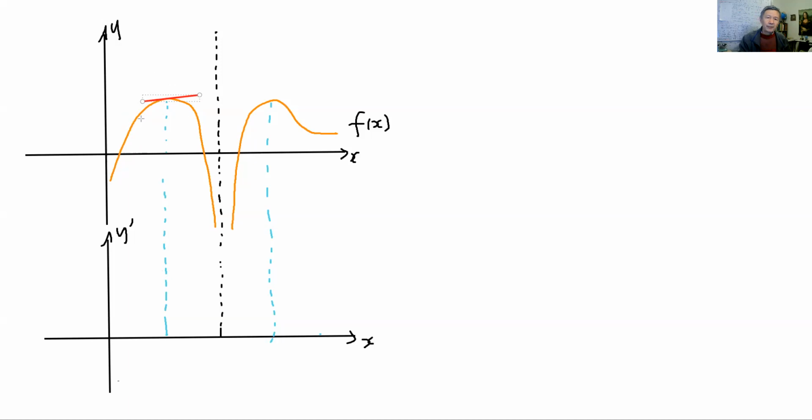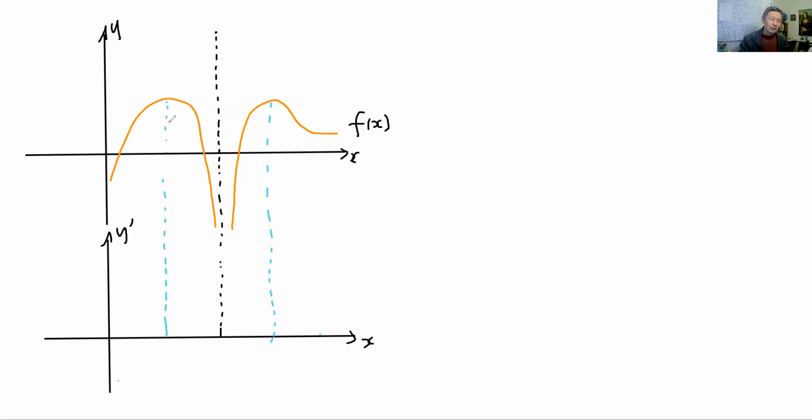They're trying to work out the first derivative. It's green. That would be 0 here, and 0 here.